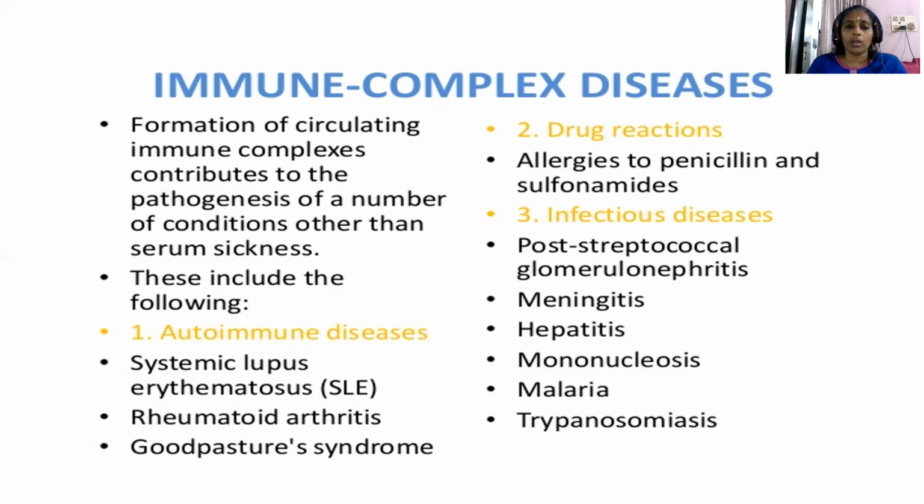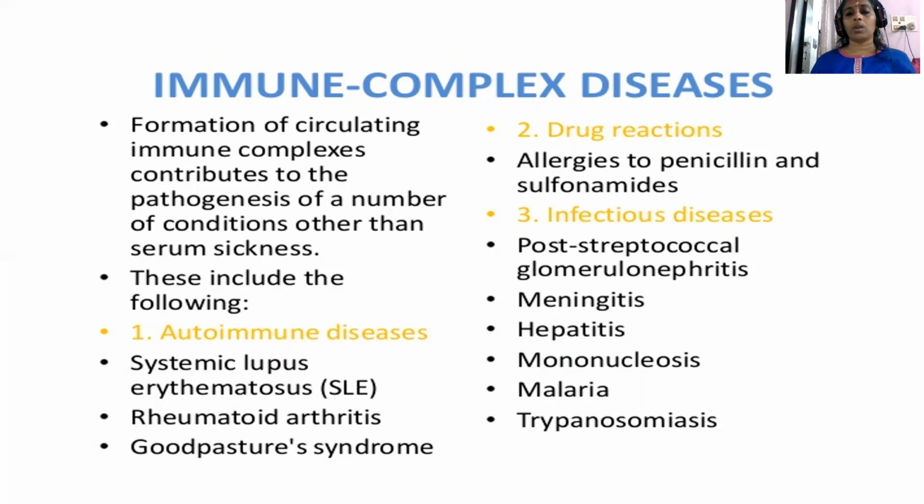So circulating immune complexes contribute to the pathogenesis of a number of conditions other than serum sickness. Sometimes circulating immune complexes can lead to certain diseases, like the autoimmune diseases systemic lupus erythematosus, rheumatoid arthritis, and Goodpasture syndrome, all of which are types of immune complex reaction.